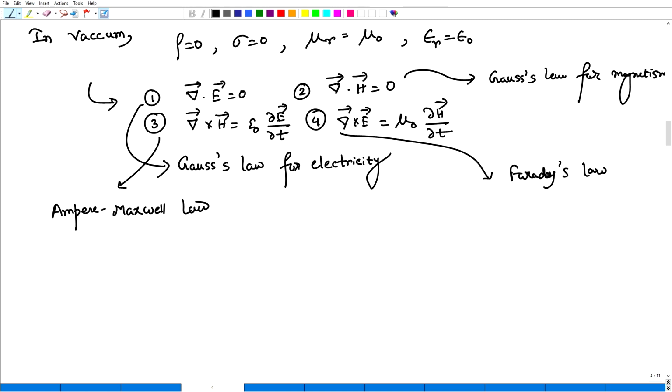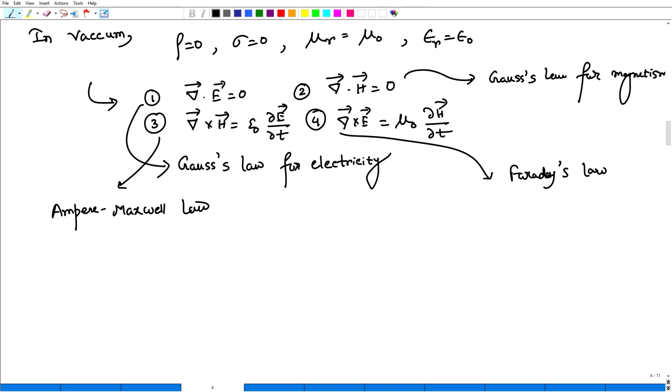Now, we can see there are 2 fields, right: the electric field, which is denoted by E, and the magnetic field, which is denoted by H. From the first and second equations, the divergence of the electric field and magnetic field in vacuum is 0. That means in vacuum the electric field and magnetic field can't be produced automatically.